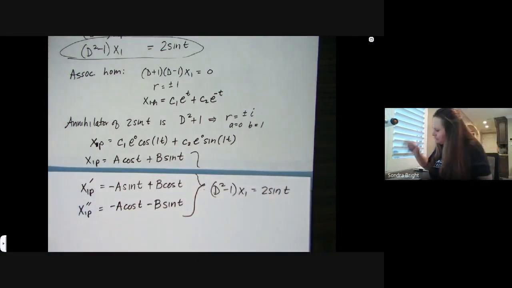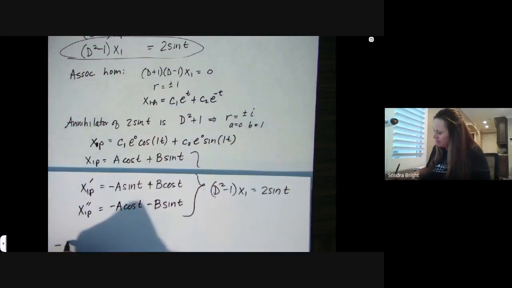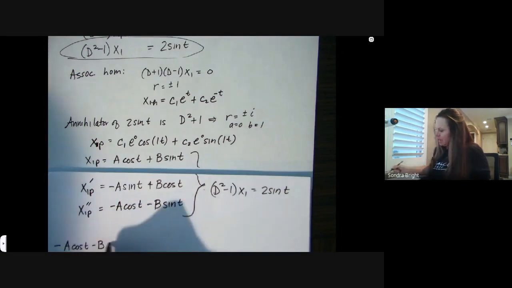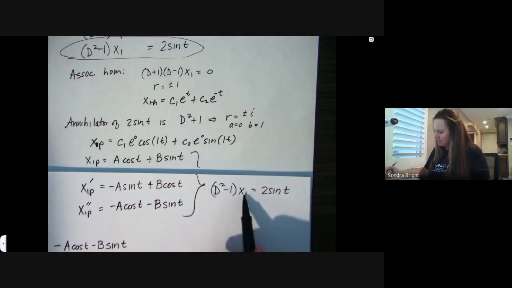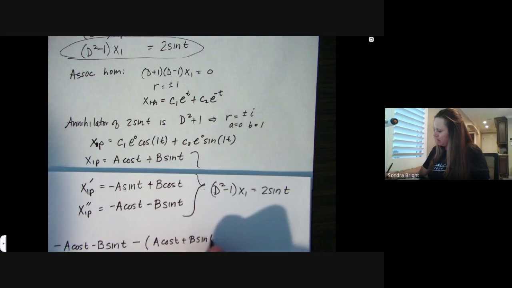All right, so that means second derivative of x1, which is this guy here, so a negative a cosine of t minus b sine of t. And then a minus x1, so a minus, and then x1 was a cosine of t plus b sine of t. And then all of that's equal to 2 sine of t.